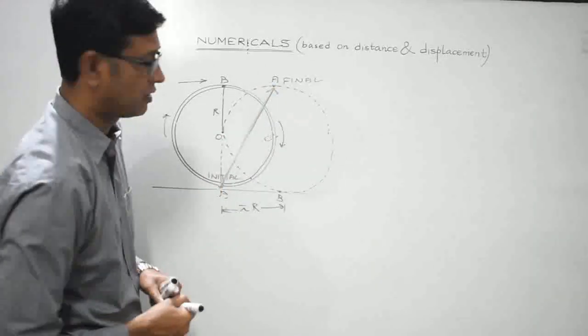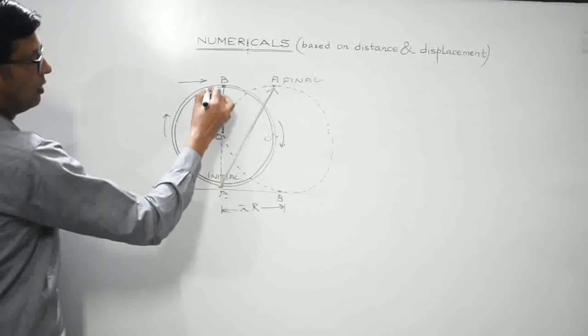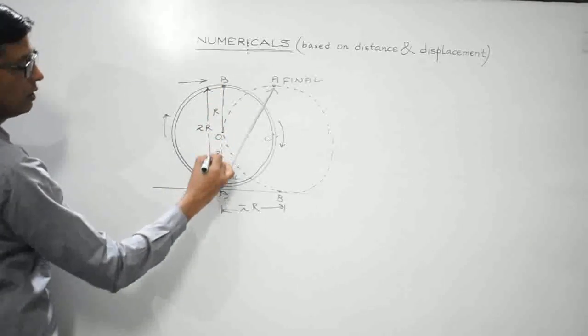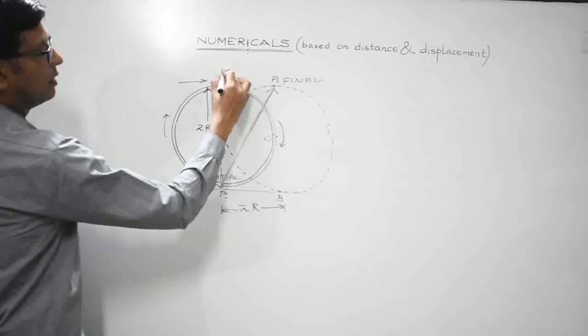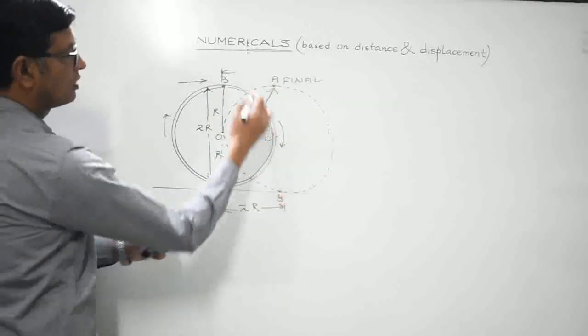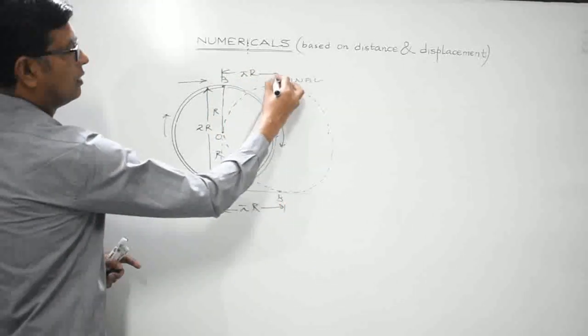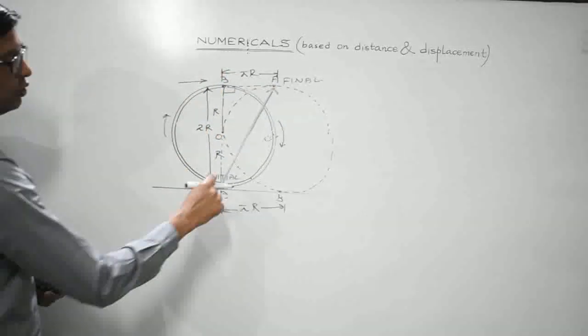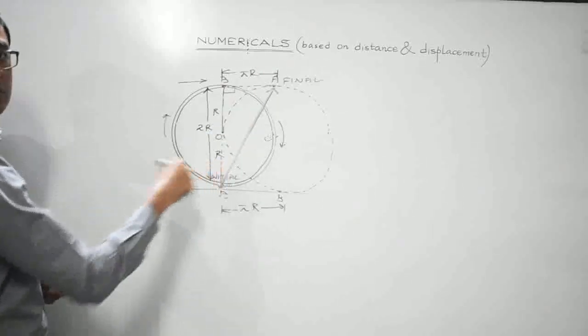So let's evaluate it. This one is r, this is also r, so this will be the diameter 2r, right? And this distance covered, as I told you, is equal to pi r. So as you can see, if you join this line, it's a right angle triangle. So you can very much make use of the Pythagoras theorem.